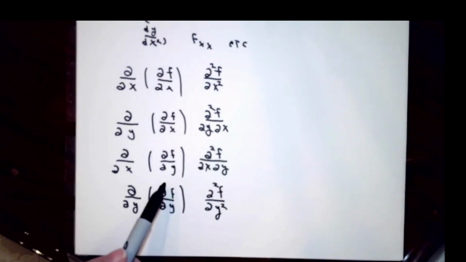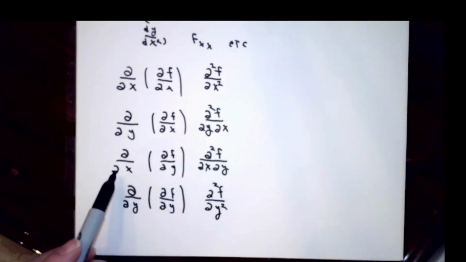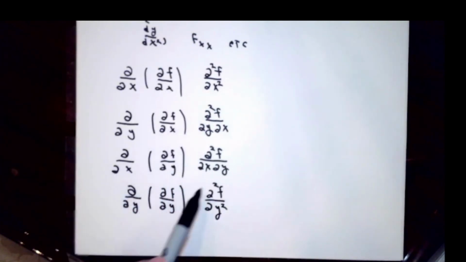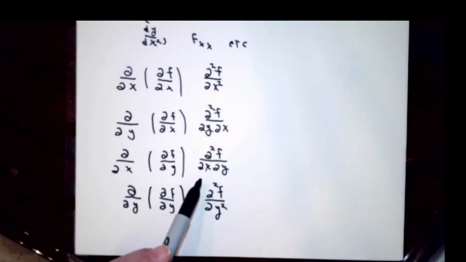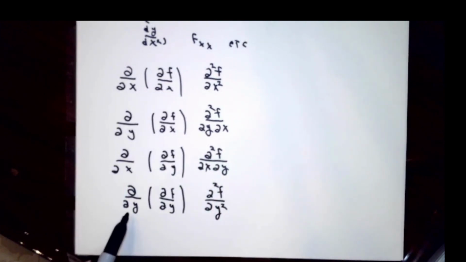Likewise, in this one, y is the thing I differentiate with respect to first, and then later do so with respect to x. Second partial of f first with respect to y, then with respect to x. And lastly, if y is the variable of differentiation both times, we use the symbol that you would think we use, second partial of f with respect to y.